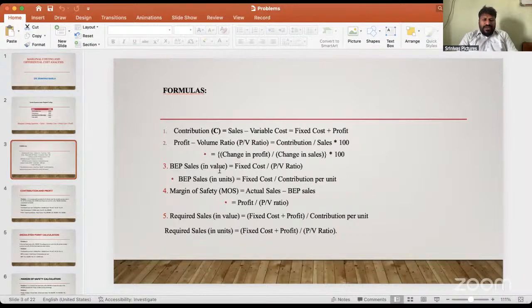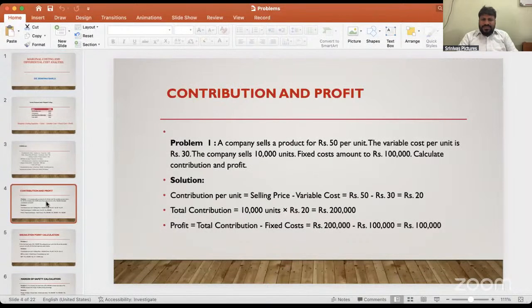For break-even sales: fixed cost divided by PV ratio; break-even sales in units: fixed cost by contribution per unit. For margin of safety: actual sales minus break-even sales, or profit divided by PV ratio. For required sales to earn a profit: fixed cost plus profit divided by contribution per unit, and required sales in units: fixed cost plus profit by PV ratio. So these formulas we are going to use.